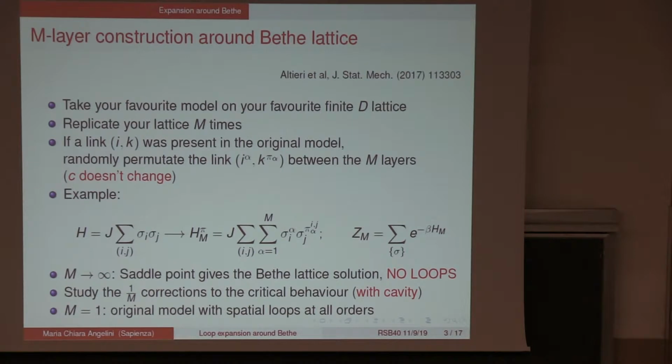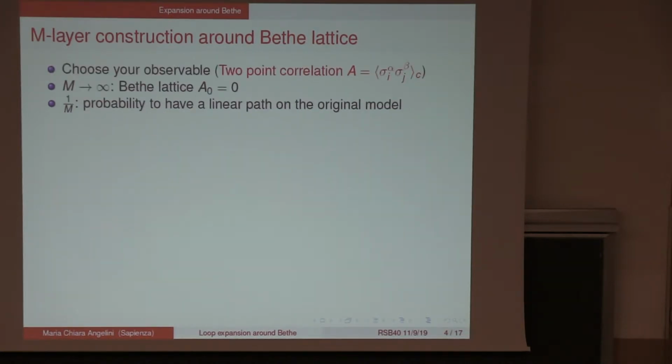These loops are really spatial loops, not loops in momentum. I mean, they will become loops in momentum, but they are really spatial, topological loops. Okay, so let's look at which are really the terms in this expansion.